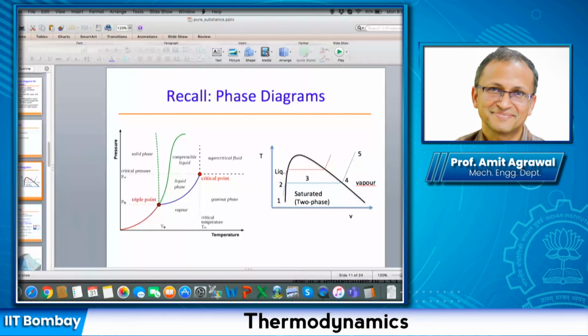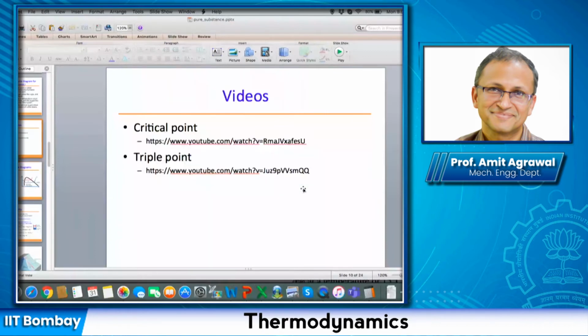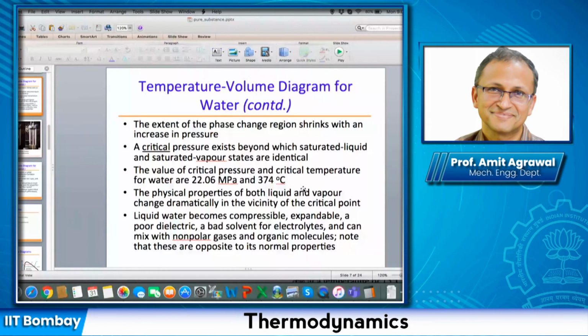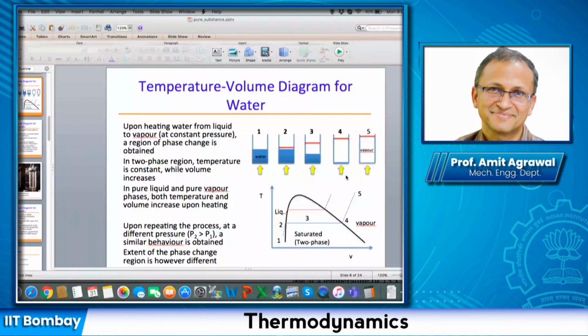Correct. And we have said here, how did we describe this TV? We are essentially looking at this curve, the blue curve, which has been given on this TV diagram here. How did we say that we are getting this? We are essentially getting it through this process here.